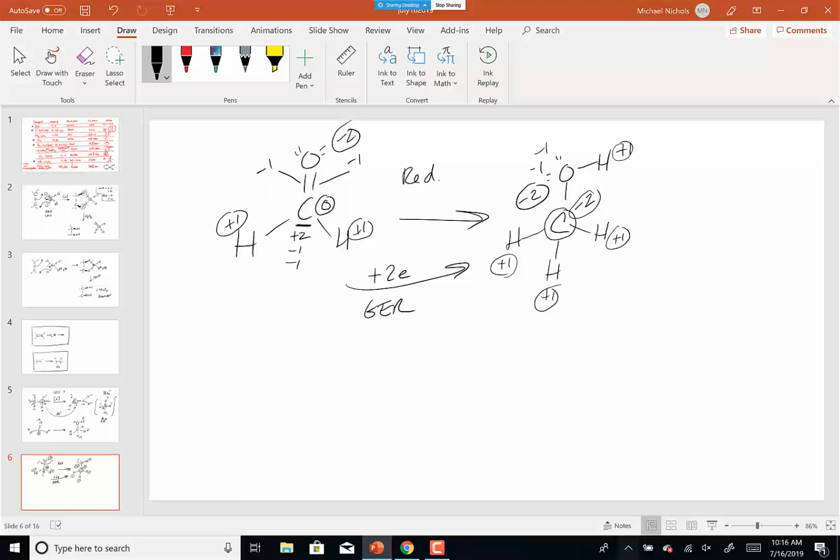So actually now we could calculate the oxidation numbers. We don't necessarily have to remember that addition of hydrogens is reduction, loss of oxygens is reduction, gain of oxygen is oxidation, or loss of hydrogen would be oxidation. But I like those because they're quick and easy. Does that make sense?